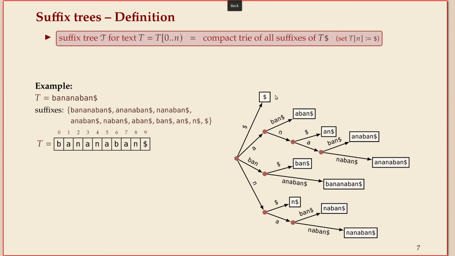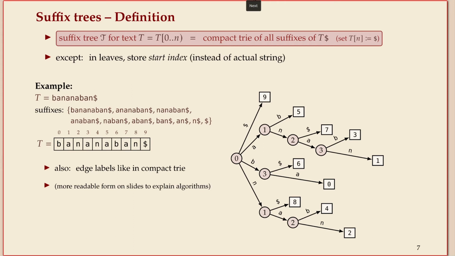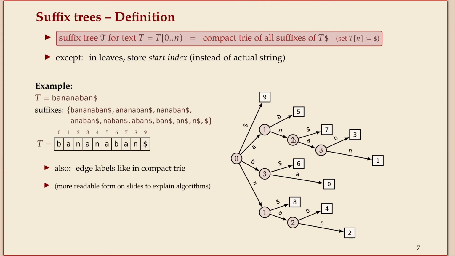And the first thing is we don't have to store all the strings in the leaves again, because we know they are suffixes of one fixed string. So we store that fixed string instead and a starting index. And of course, this is not how we represent it in the computer. I mentioned this before. The compact trie is actually storing just the first letter of all the edge labels, and then stores what is the next index that is compared.